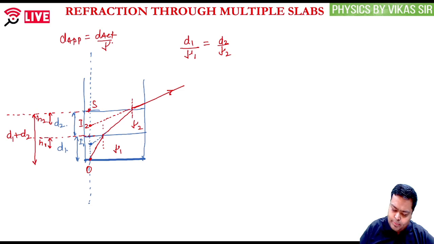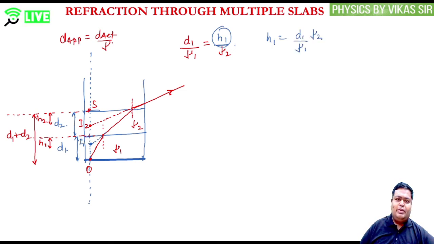So this apparent position we have mentioned here as h1. So that's the apparent position h1. That is because of the first interface. So d1 was actual and h1 is apparent. तो यहां से हमें h1 की वैल्यू मिल जाती है where h1 is supposed to be d1 upon mu1 into mu2. This is the effect of the refraction and the first interface. Now we move on to the second interface.